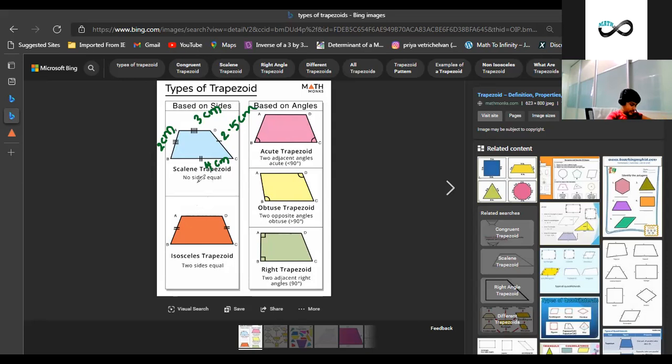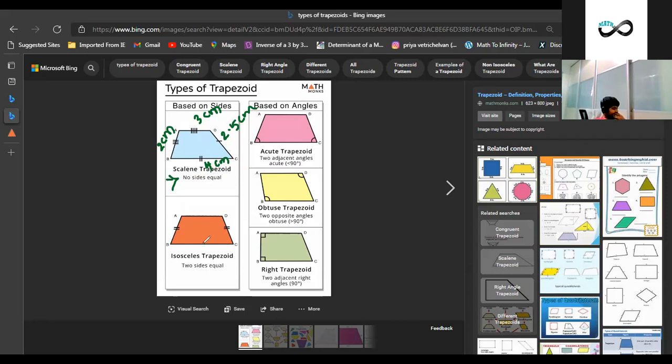Wait, I forgot to draw the diagram for isosceles. Put the heading as scalene and draw. And also note down the notes as no sides are equal. You're done? I'll do it for both.